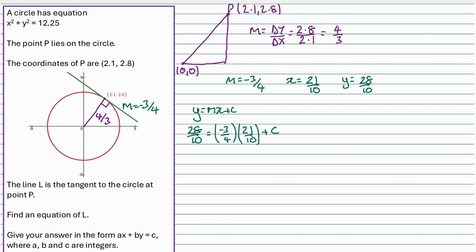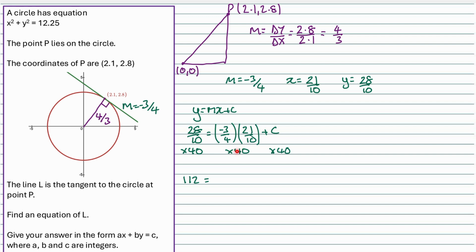Well, the first thing we can do is multiply everything by 40. That will cancel out this division of 4 and 10. When we do this, we get 28/10 times 40, which works out as 112.